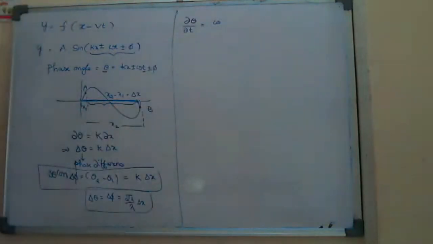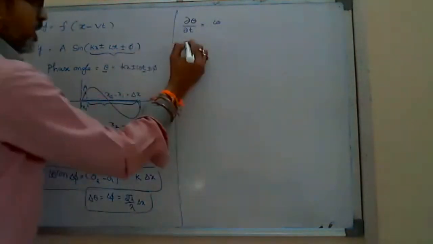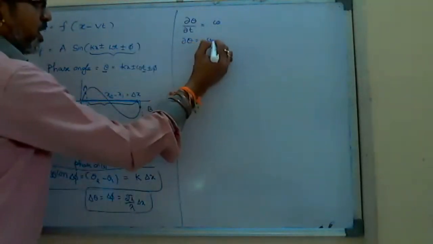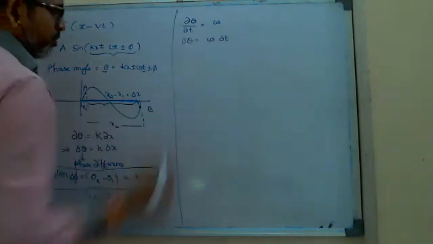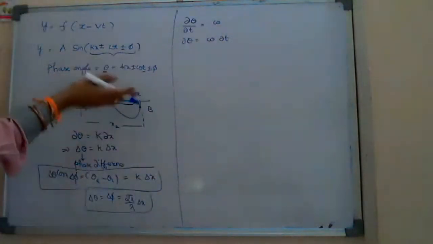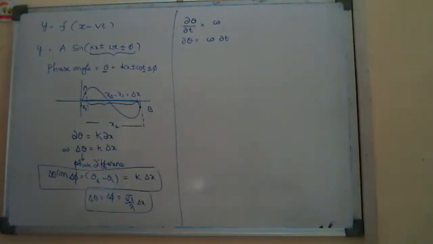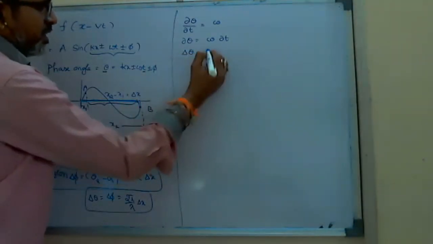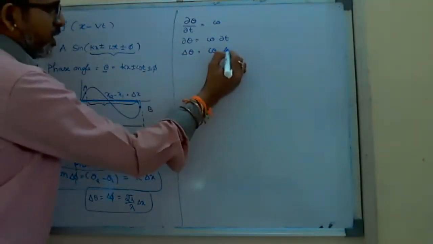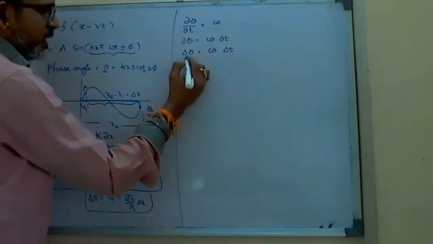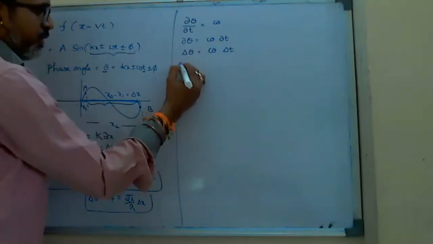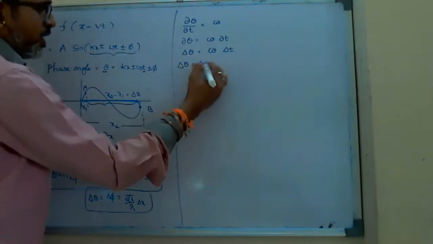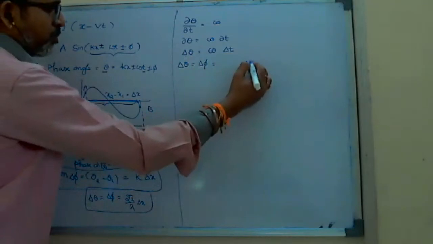So dou theta is equal to omega into dou t, either plus or minus depending upon the question. This can be written as delta theta is equal to omega into delta t. It is the relation between the phase difference delta theta or delta phi and time.